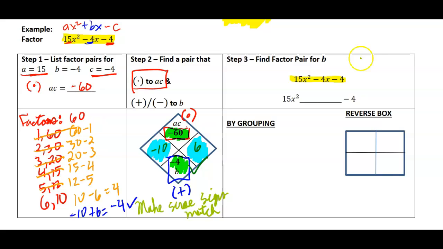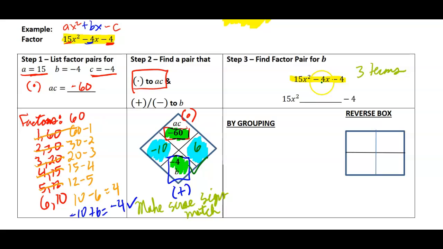There are 3 terms right now. In order to factor by grouping, this particular strategy, you need 4 terms. So how do we turn it from 3 terms into 4 terms?